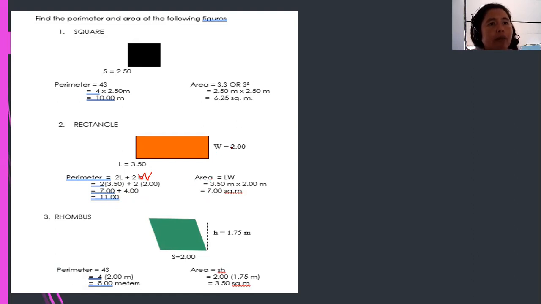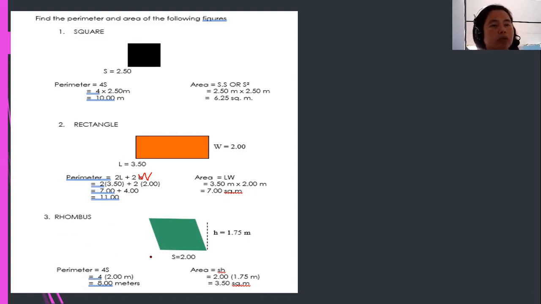We have the length and the width. Area is length times width for the rectangle, so 3.50 meters times 2 meters is equivalent to 7 square meters.